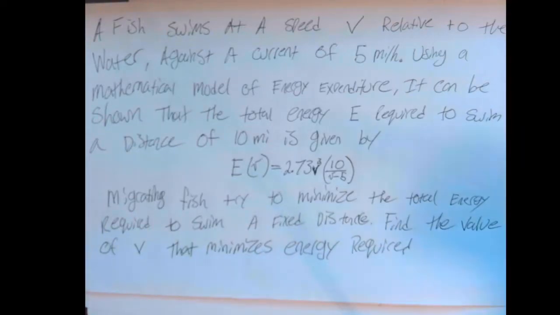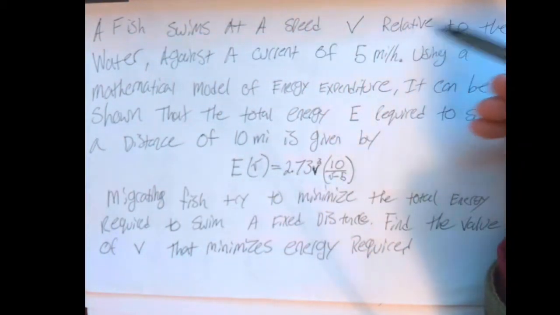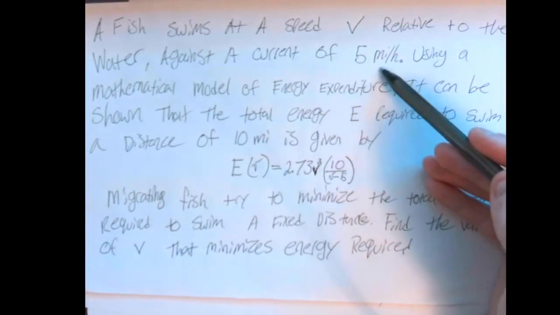Alright, so we have this problem here that I've written out. A fish swims at a speed v relative to the water against a current of 5 miles per hour.